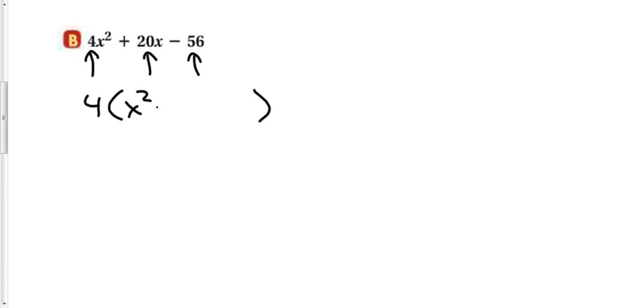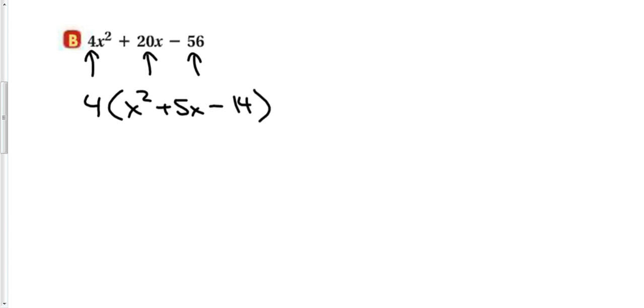And x squared plus 5x minus 14. So now I have the factors of 14 that subtract to 5. Or I can think of it as two numbers that multiply together to negative 14, and when I add them together, I get a positive 5.